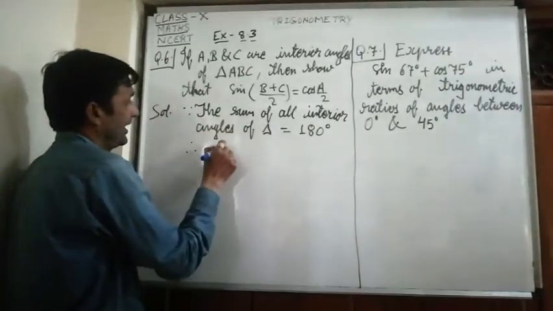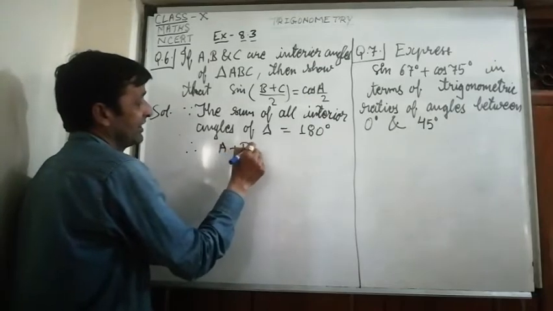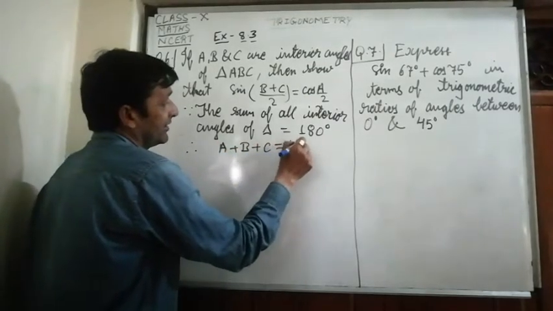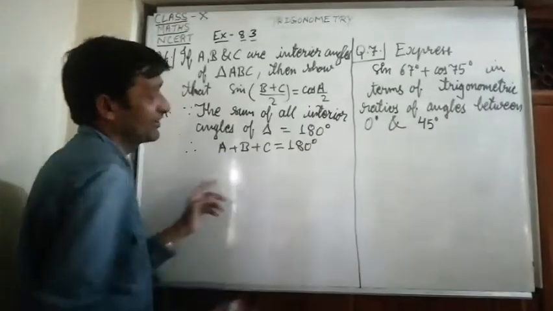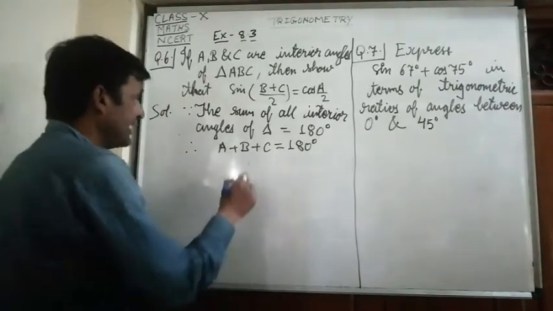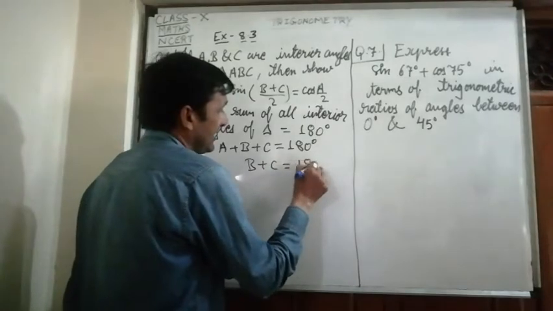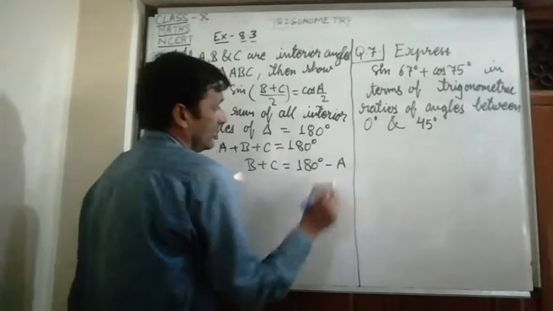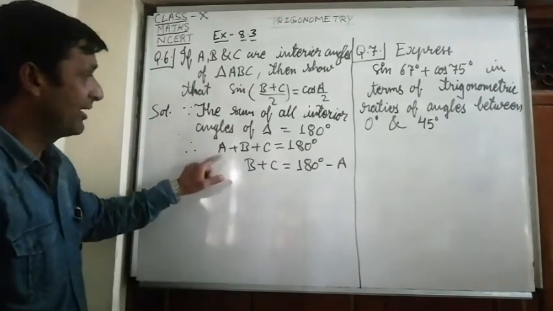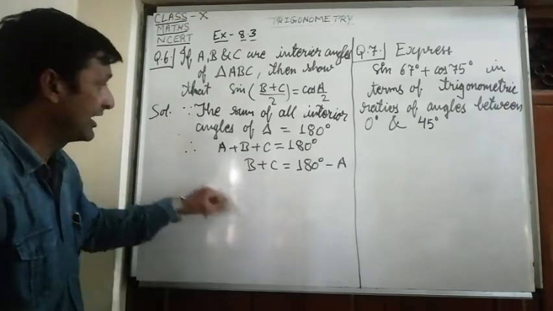Therefore, A plus B plus C is equal to 180 degree, that you know already, that sum of all the angles of a triangle is equal to 180 degree. So we may write here B plus C is equal to 180 degree minus A. On transposing A from LHS to RHS, then it will become 180 degree minus A.